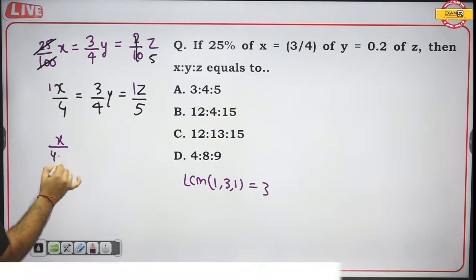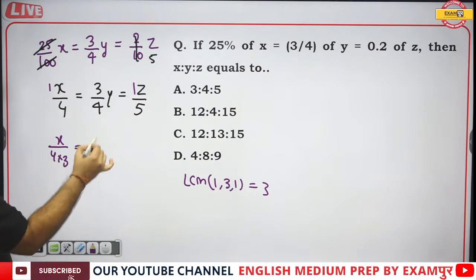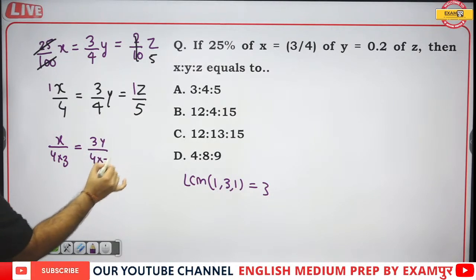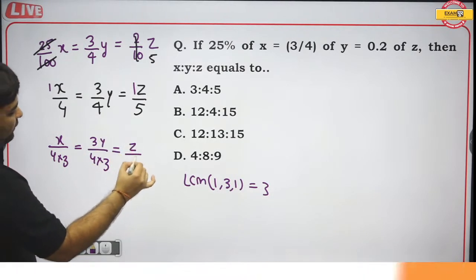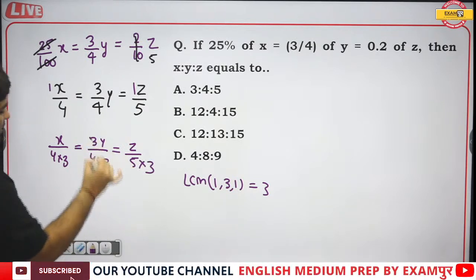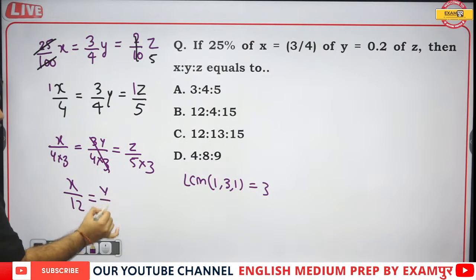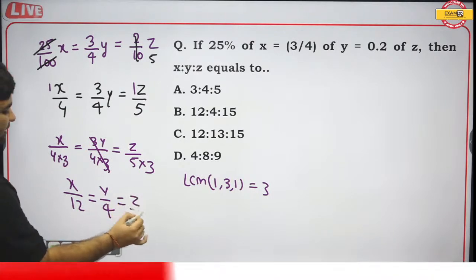So X upon 4 into 3. Now this is 3Y over 4 into 3 is equal to Z over 5 into 3. Now it will become integers. X by 12 is equal to Y by 4 is equal to Z by 15.